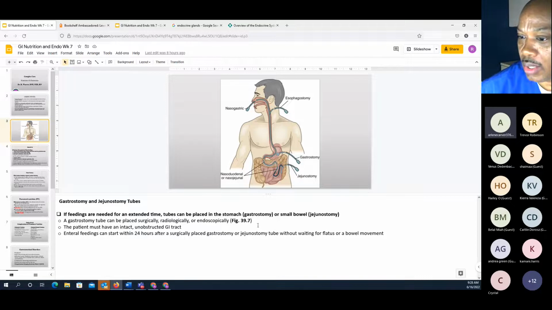And we feed patients. Enteral feedings can start within 24 hours after a surgically placed gastrostomy or jejunostomy, without waiting for flatus or bowel movement. So all that stuff is pretty simple. Let's not make it rocket science, right? This is your NG tube, of course, so you should be fairly familiar with these tubes by now.